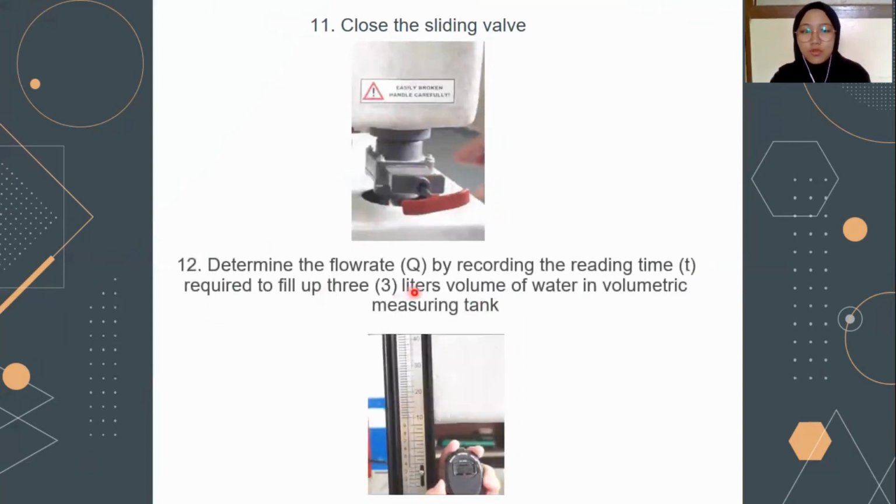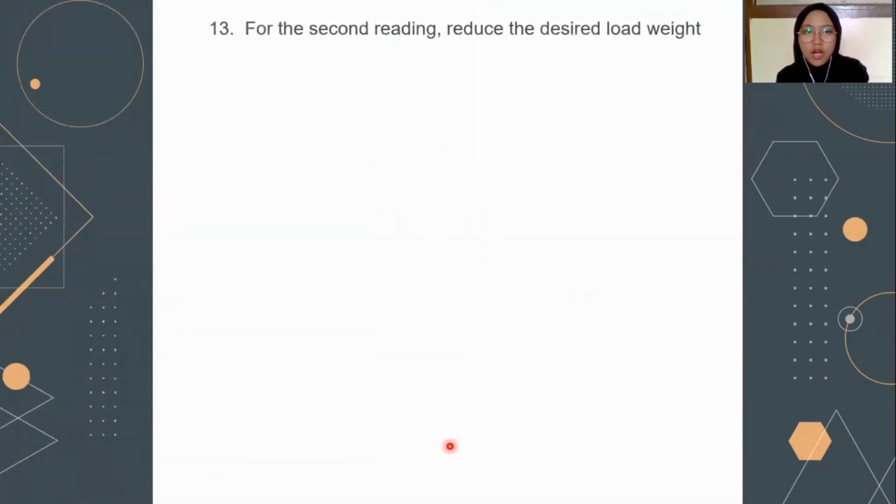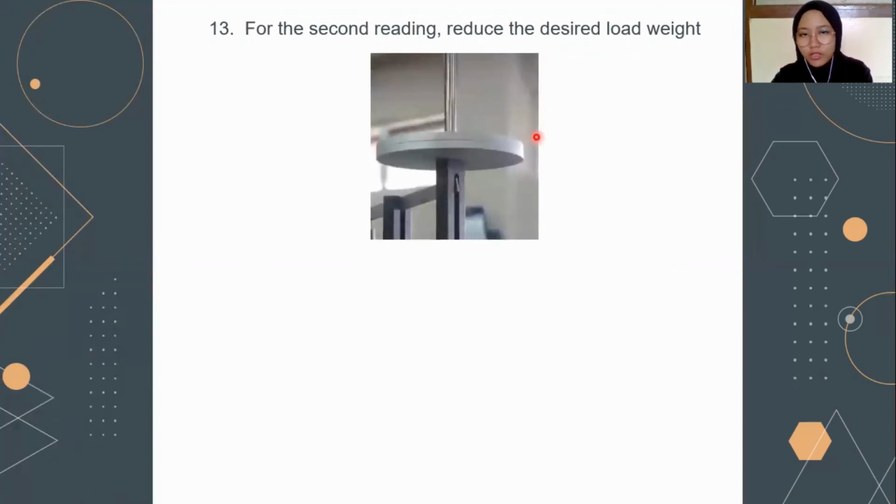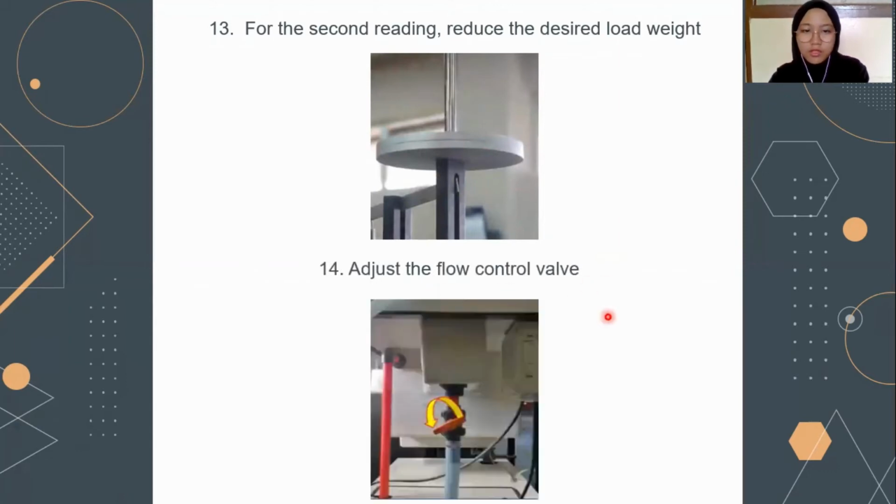Then determine the flow rate by recording the time required to fill up 3 liters volume of water in the volumetric tank. So we can use a stopwatch. And then after finishing, for the second reading, reduce the desired load weight. This white part here, we just reduce the weight, and then adjust the flow control valve.